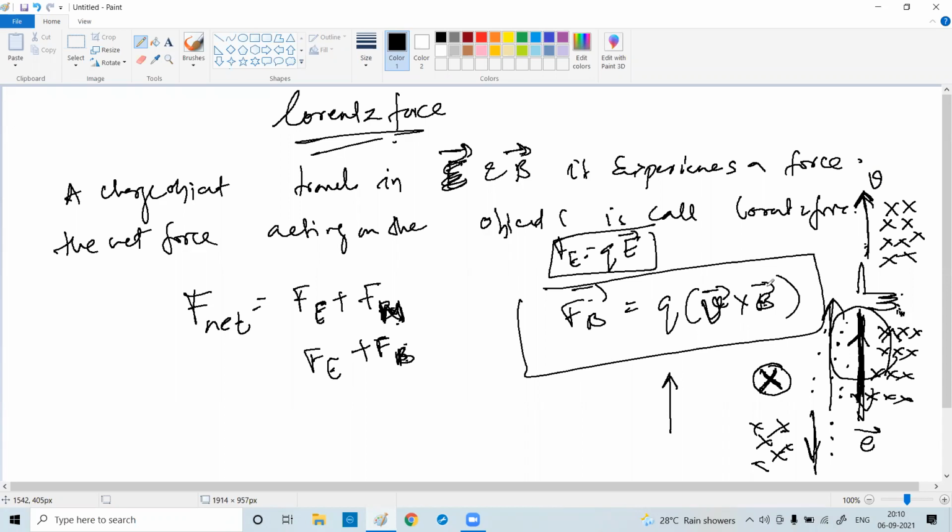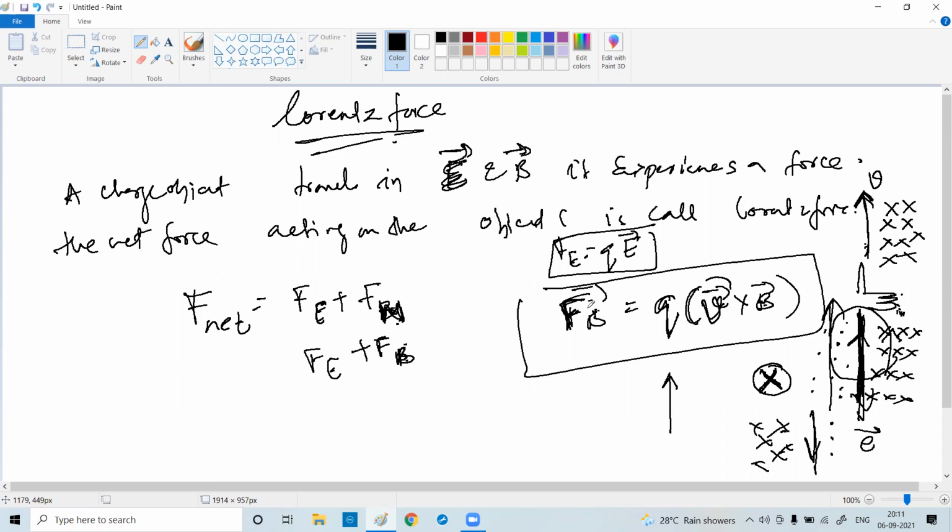We will study that. So this talks about the magnetic field, the vector formula. It talks about the direction of the force. If the magnetic field B is in a particular direction, then in which direction will the object get deflected? Is it clear? Till now you understood?